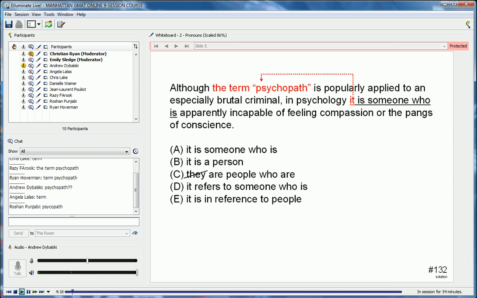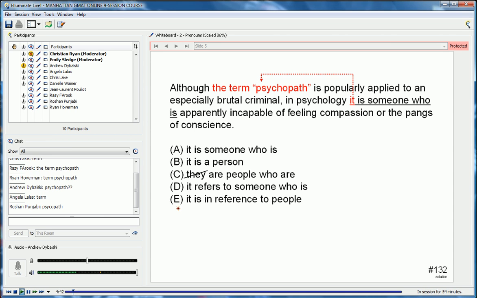You said with it? Yeah, we need it because it's replacing the singular phrase or the singular word, the term. But how do you know which of these options that has it is the right one? How did you determine your answer at this point?